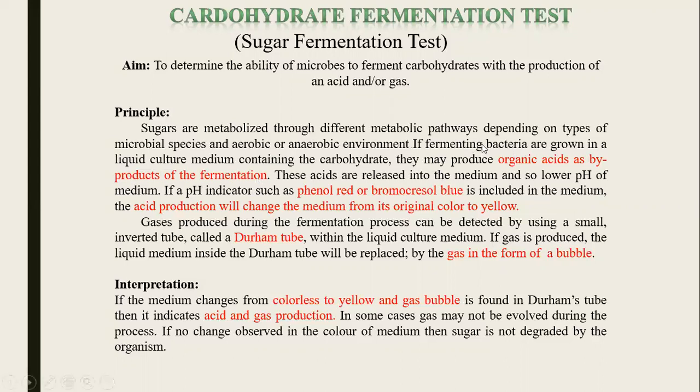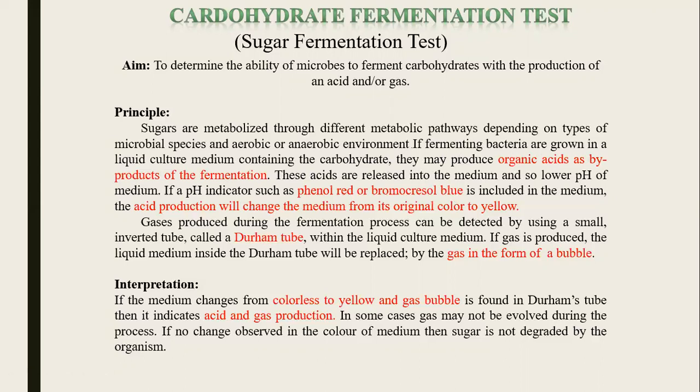If the fermenting bacteria are grown in culture medium containing a carbohydrate source, they may produce organic acid as a byproduct of the fermentation. This byproduct is detected by the addition of the indicator phenol red or bromocresol blue.